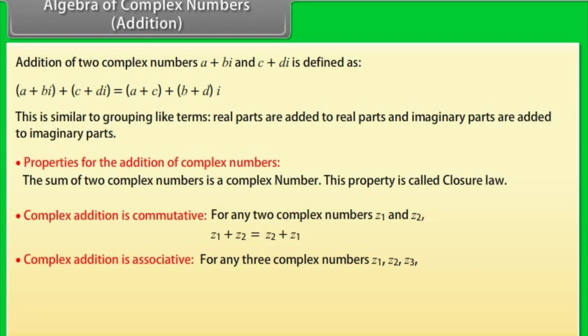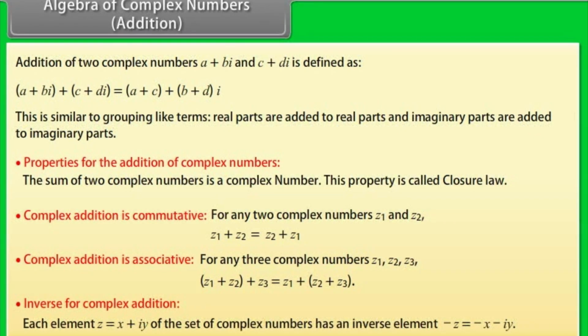For any three complex numbers z1, z2, z3, z1 plus z2 plus z3 is equal to z1 plus z2 plus z3. Inverse of complex addition. Each element z equal to x plus iota y of the set of complex numbers has an inverse element, minus z is equal to minus x minus iota y.